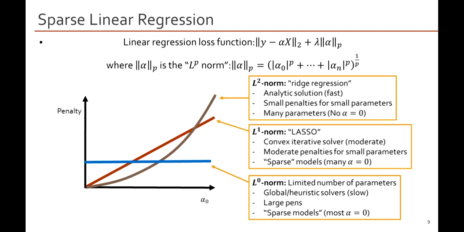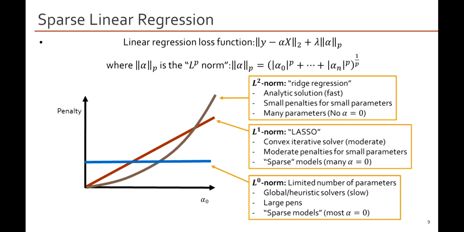Another route I can take is to use a technique called lasso, where instead of using the L2 norm, I set p equal to 1, which means my error is just the sum of all of my coefficients. Now what this does, as illustrated on the left, is that adding in or increasing my parameter alpha 0 from 0 to some small value has a larger penalty.